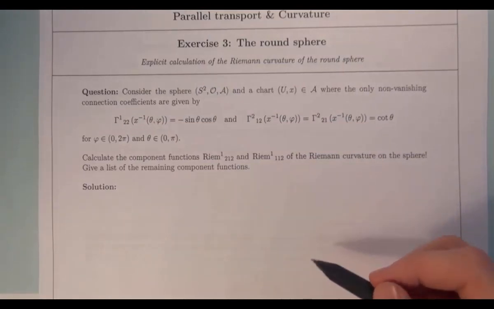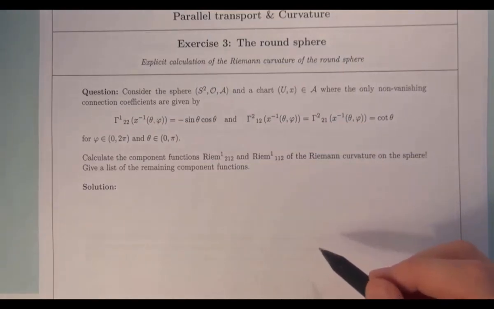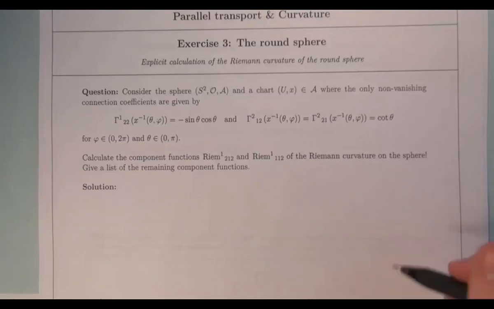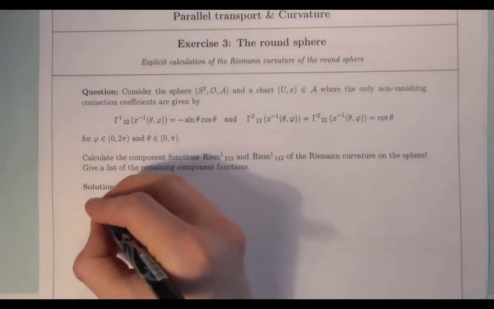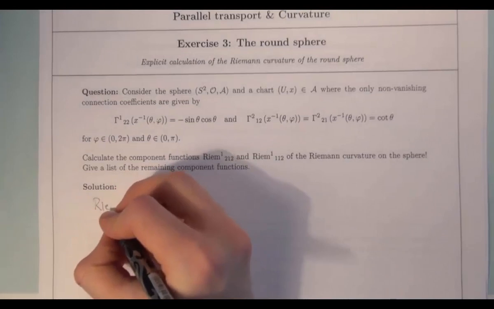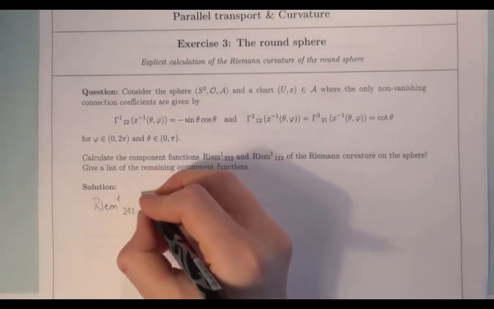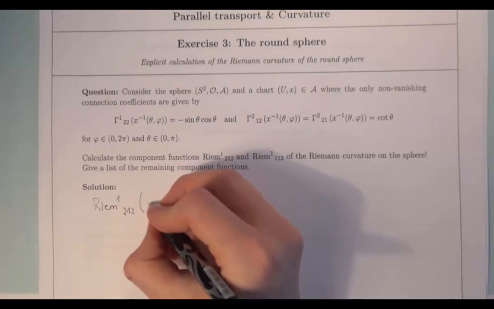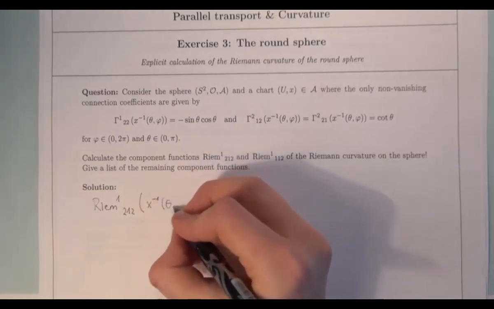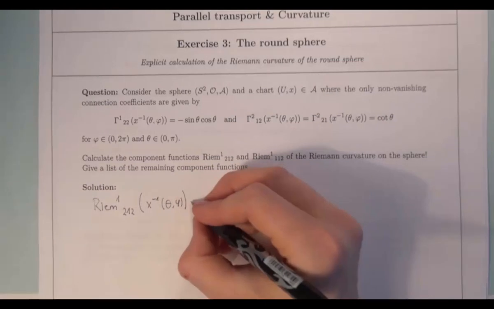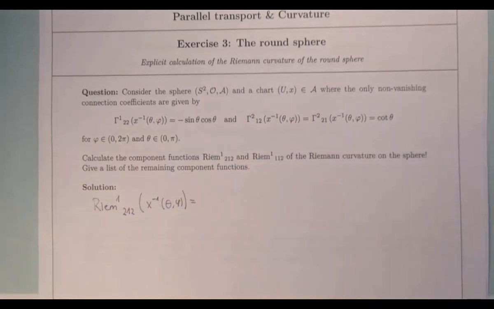Now we want to calculate component functions for Riemann curvature. So we start with component Riem 1, 2, 1, 2, which lives on x inverse of theta phi, so it lives on the manifold. And we use the formula obtained in exercise 2 for the components of the Riemann curvature.